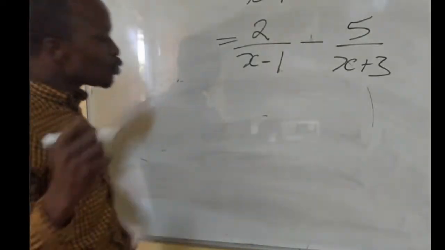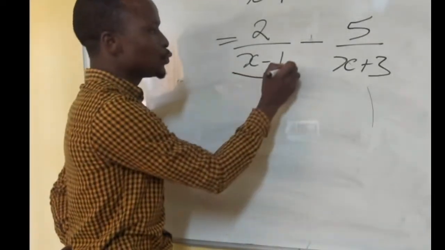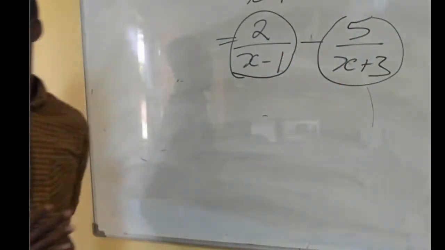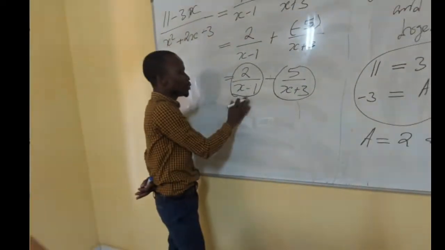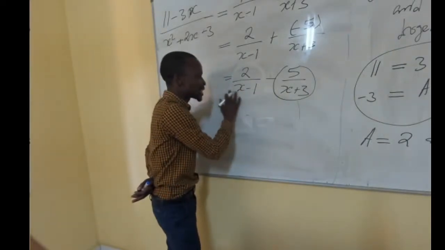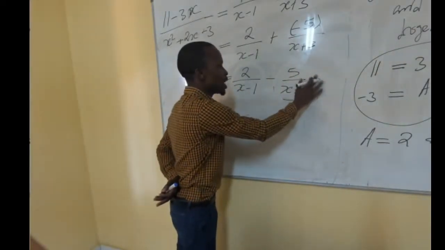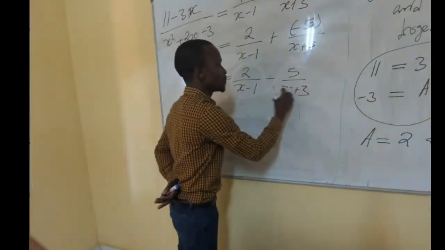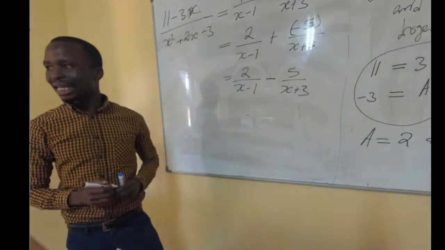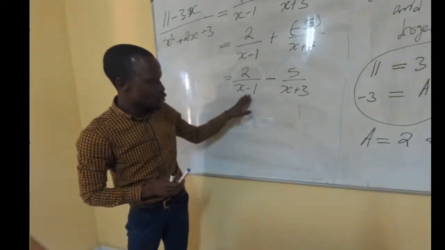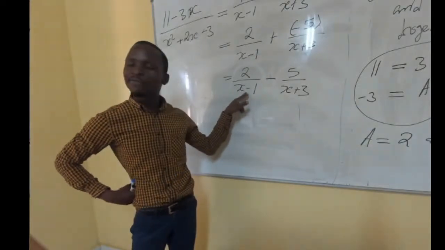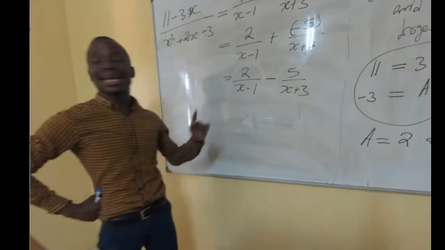So now, if you look at these two, these are the partial fractions that we are talking about. Every rational function can be written as a sum of fractions. Look at their denominators. The denominator of the first partial fraction is x minus 1.